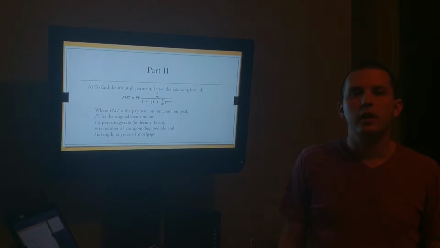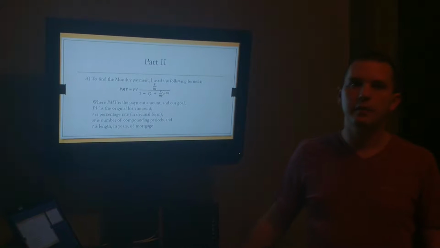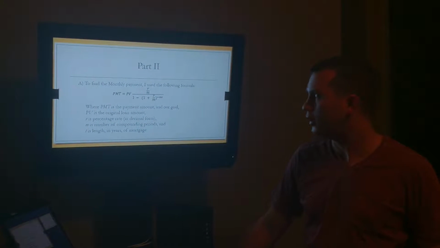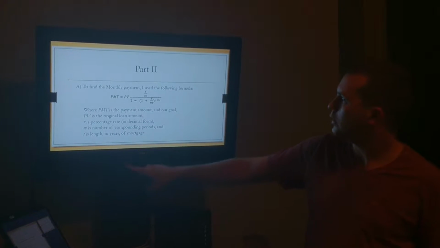Part two is to find the monthly payment for each of the different mortgage methods, the 15 and the 30. So this is the formula used.